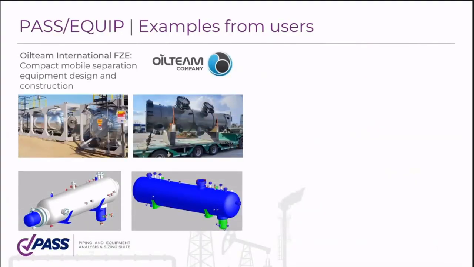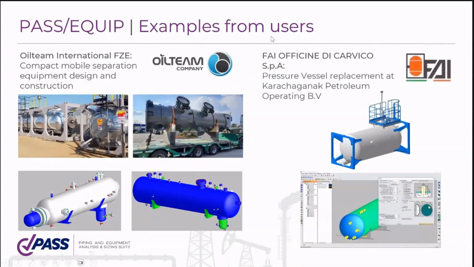Okay, two examples from users, just to demonstrate how it is used. This is Oil Team International FZE, equipment from a Compact Mobile Separation Unit. Here you see models in PassEquip and real equipment. And here you see another example, models in PassEquip and a model in a CAD system from Phi or Thyssen.